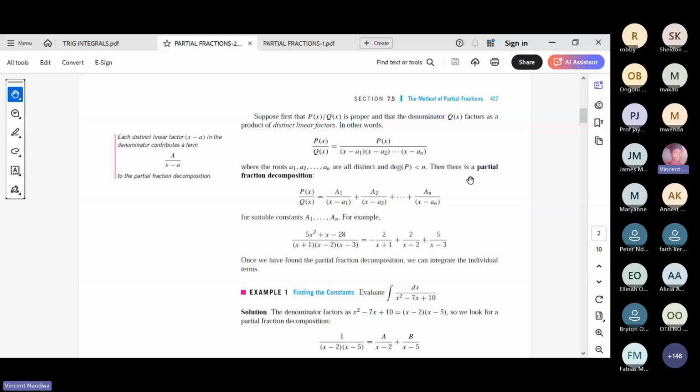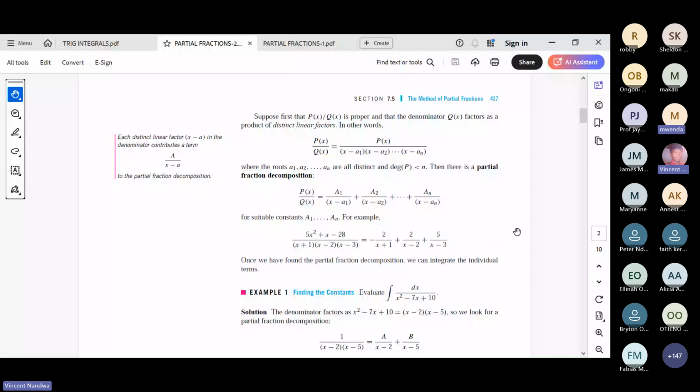Correct. And then the last part, integral of 5 over x minus 3: 5 ln of x minus 3. Correct. Then you add the constant of integration, and then you'll be home.